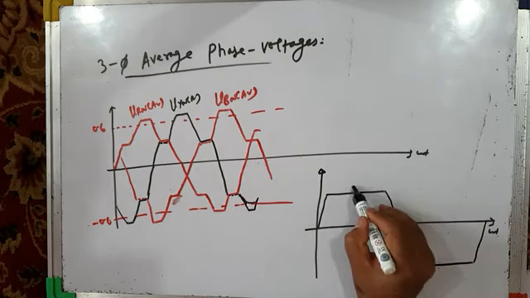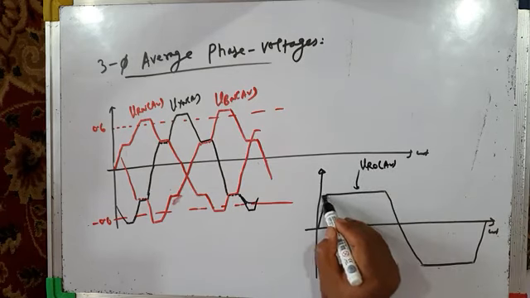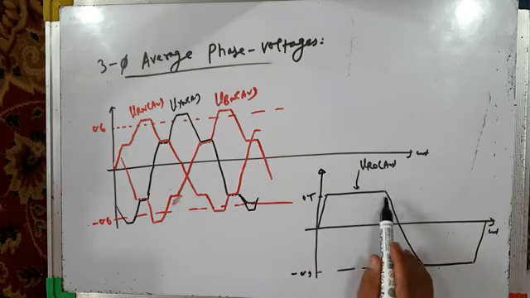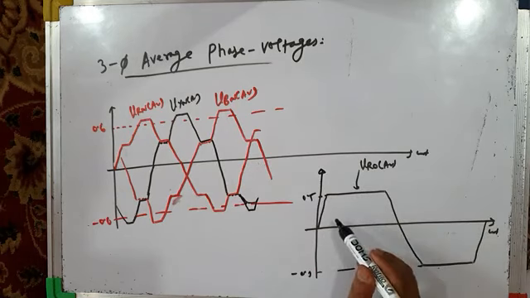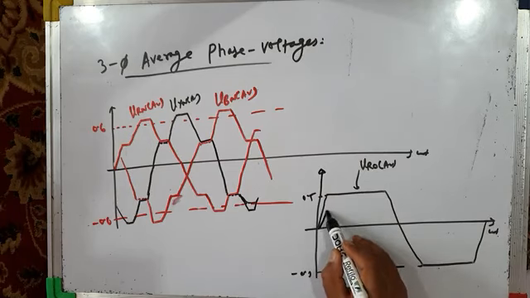For example, this is our average pole voltage, VRO average, 0.5 and minus 0.5, and this is phase R average pole voltage, VRO average, and phase R average phase voltage or line to neutral voltage will be like this.